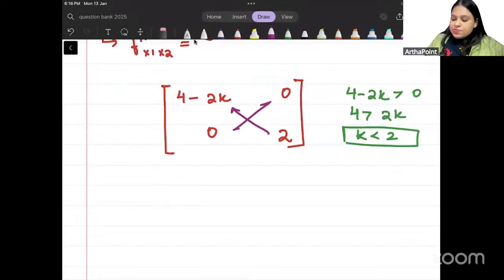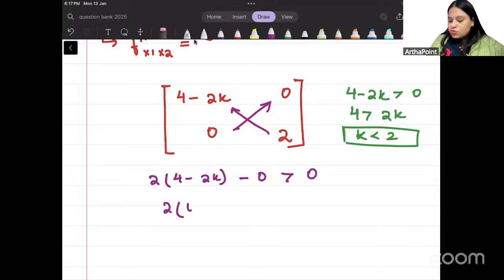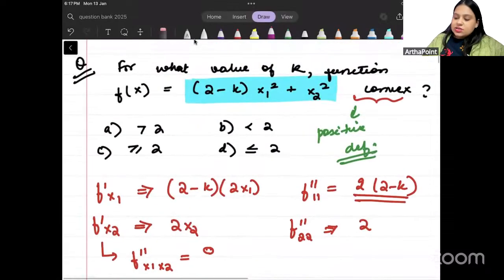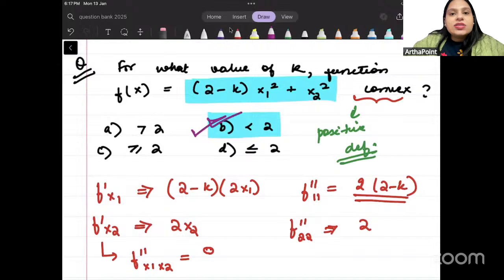So this into this minus this into this: 2 into (4 minus 2k) minus 0 should be greater than 0. 4 minus 2k greater than 0, same condition. So k less than 2 is the right answer, which means the correct answer will be B.